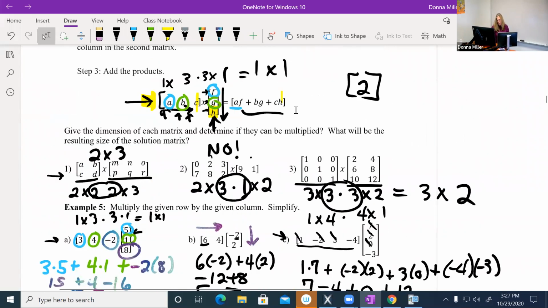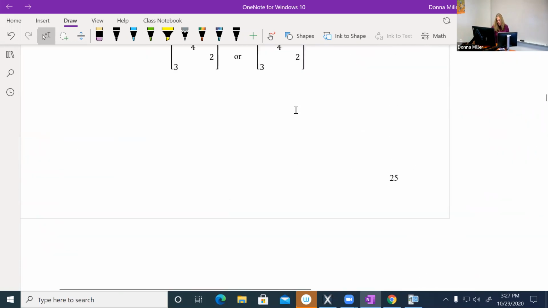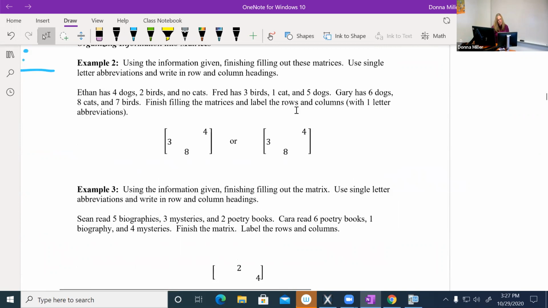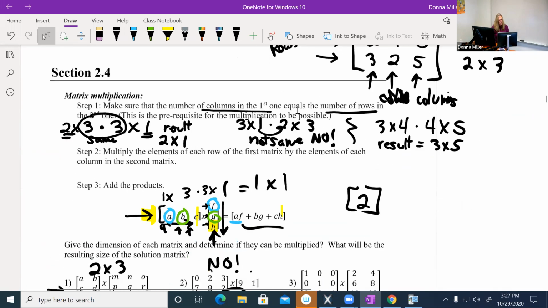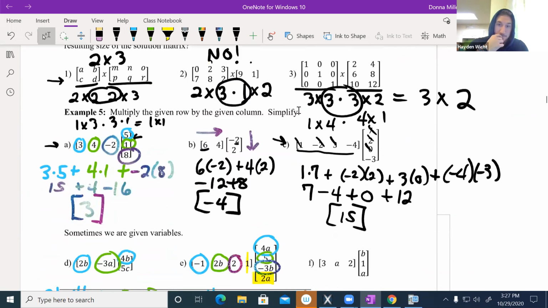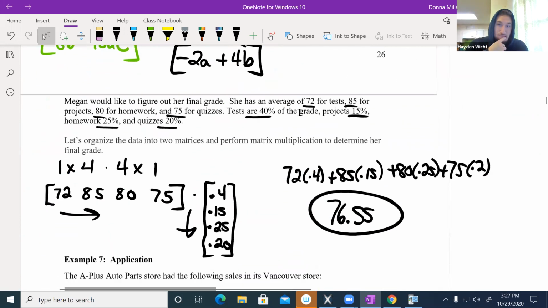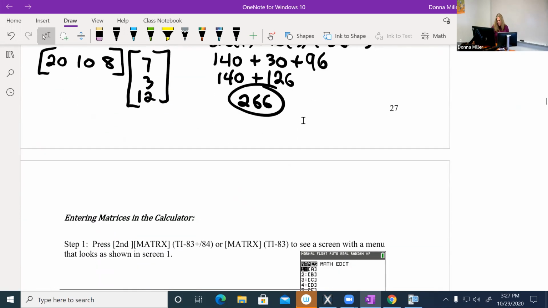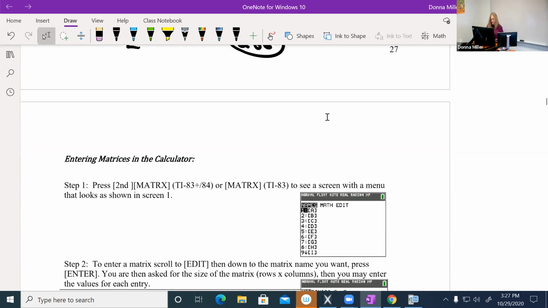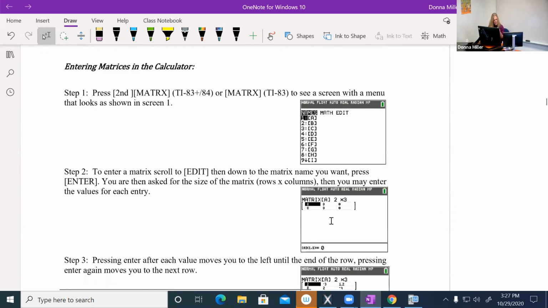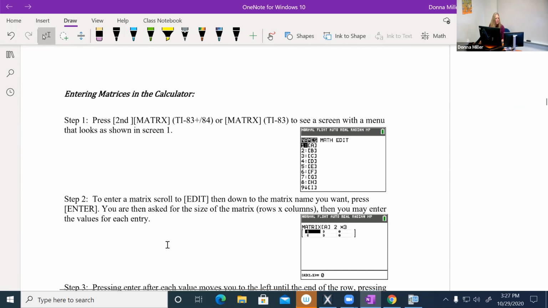Am I missing a page? You guys that have the notes, am I missing something or no? I could have sworn, it wasn't that long ago. There's not a little statement down the bottom of the page? All right, we're going to talk about it anyways.